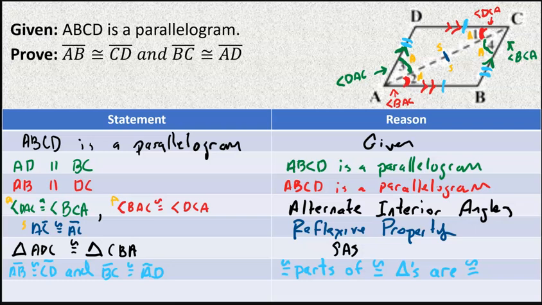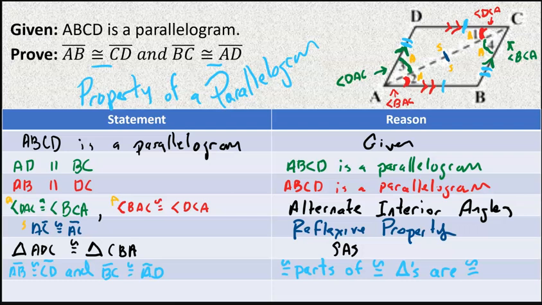This example is proving a property. So this is a property of a parallelogram, not a definition. It's splitting hairs for sure, but that's how we know of the properties of things like parallelograms, squares, rectangles, and kites, and whatever else we have out there.